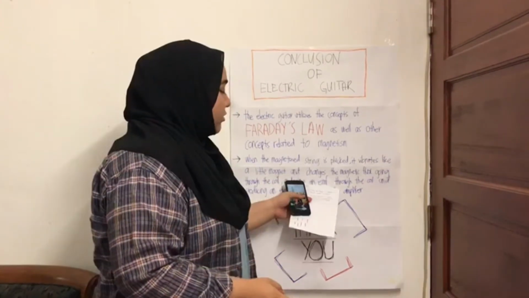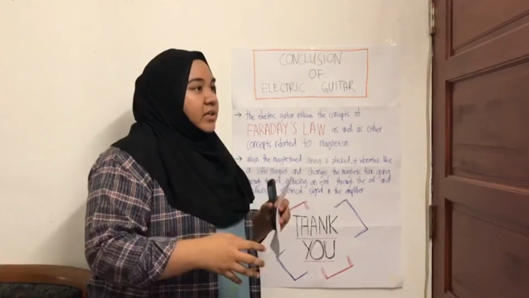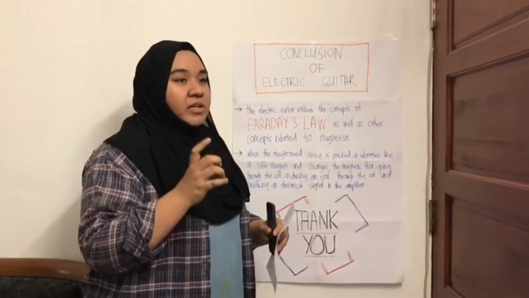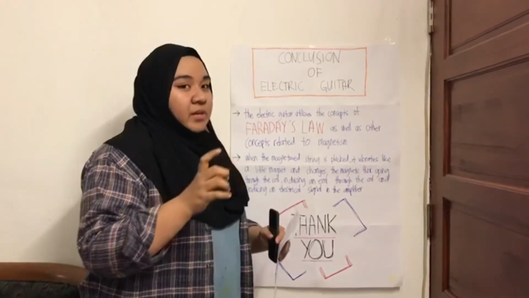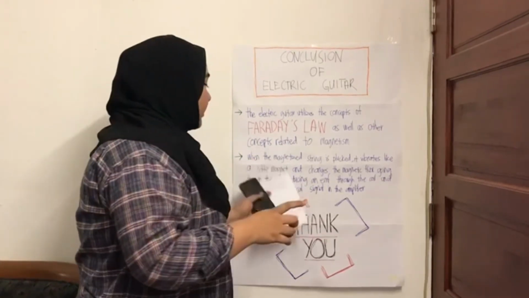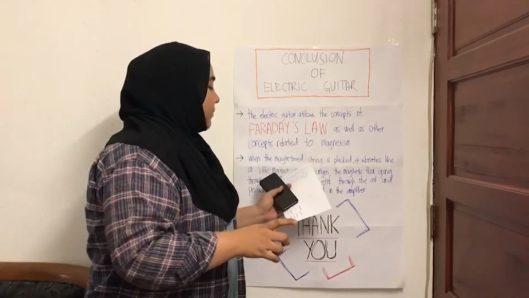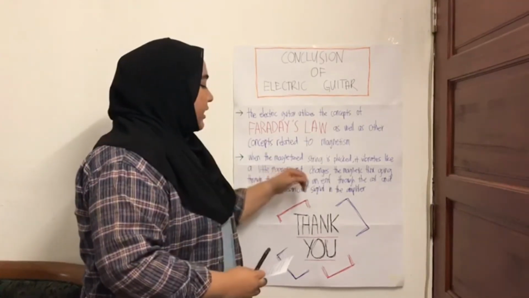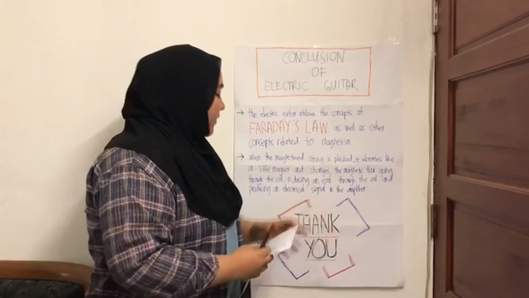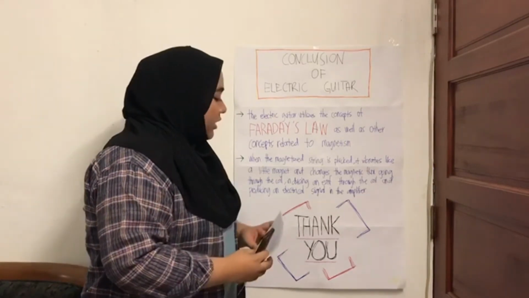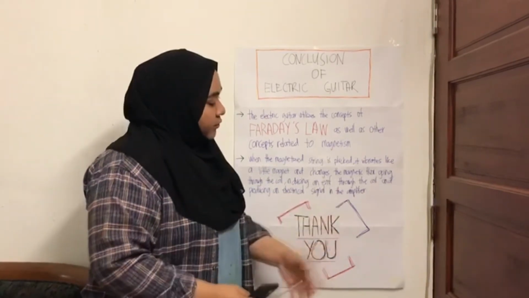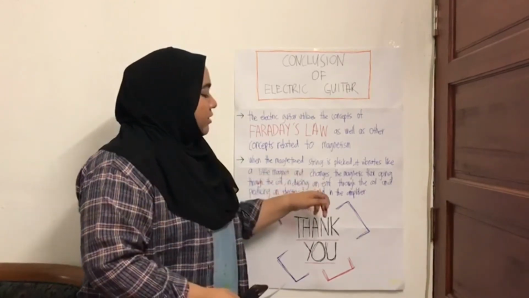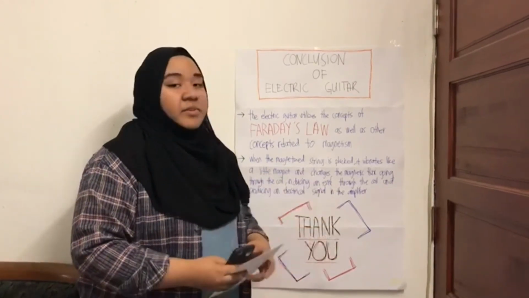In the body itself, there are pickups, and when the magnetized string is plucked, it vibrates like a little magnet and changes the magnetic flux going through the coil, inducing an EMF in the coil, and after that producing an electrical signal in the amplifier.